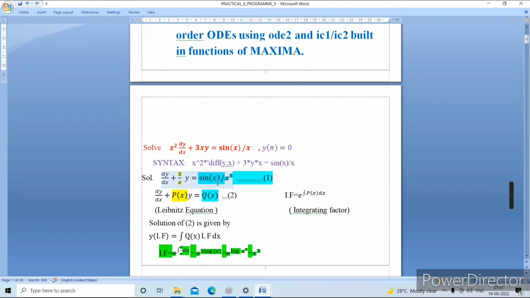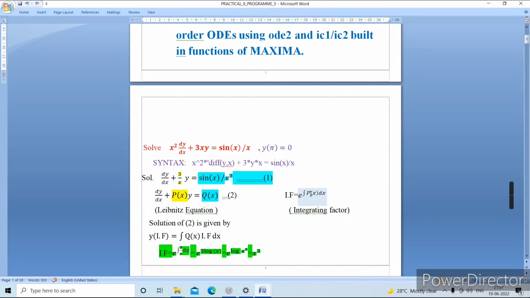On comparing this equation first with equation second, my value of p is 3 by x. This type of equation is solved by an integrating factor. The formula for the integrating factor is e to the power integration p of x dx.